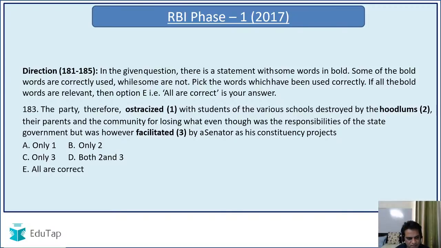Let's read it together and let's see how many of us get it correct. The party therefore ostracized with students of the various schools destroyed by the hoodlums, their parents and the community for losing what, even though was the responsibility of the state government, but was however facilitated by a senator as his constituency projects.